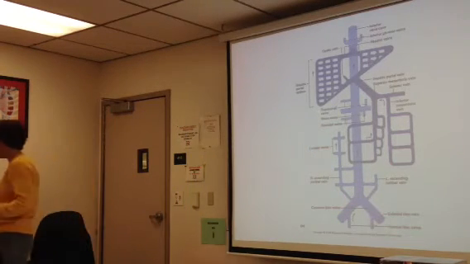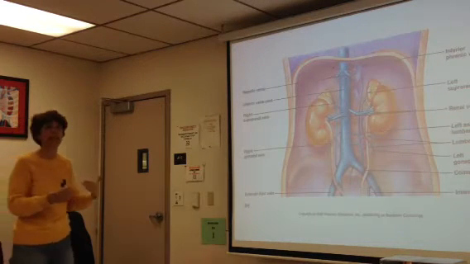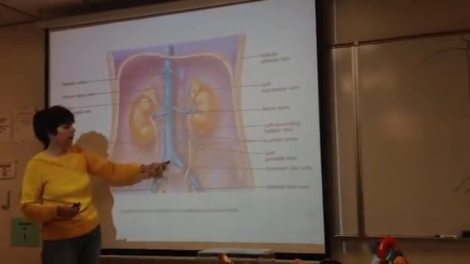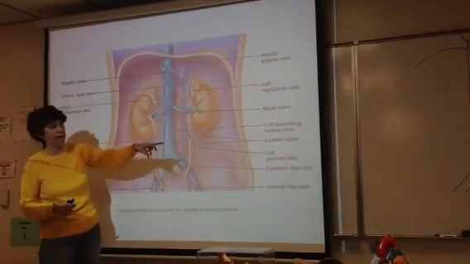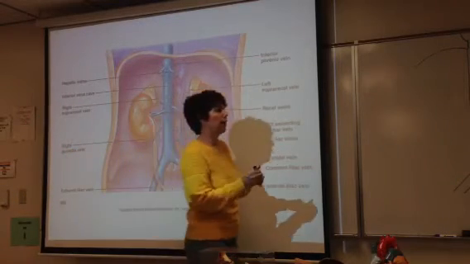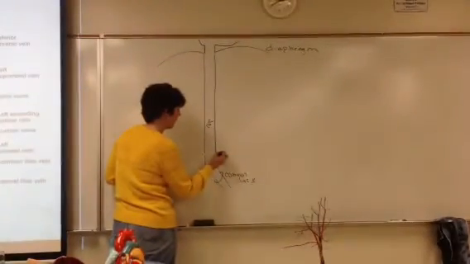So we're going to do that in a moment, but let's look at the vessels that drain directly into the inferior vena cava. All right? So we have the inferior vena cava formed by the common iliac veins, as I diagrammed over there on the board. It's going to receive posteriorly the lumbar veins.